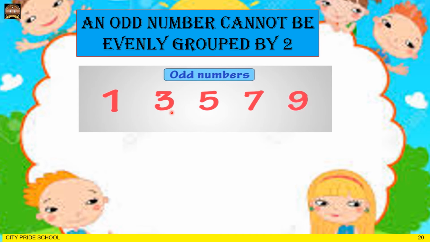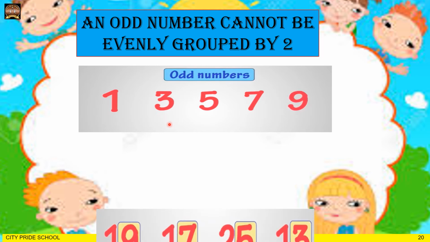Three cannot be paired or grouped up. Five also cannot be grouped up. We saw the balls, right? Seven and nine. So these 1, 3, 5, 7, 9 are the odd numbers, which cannot be paired up or placed in groups of twos.